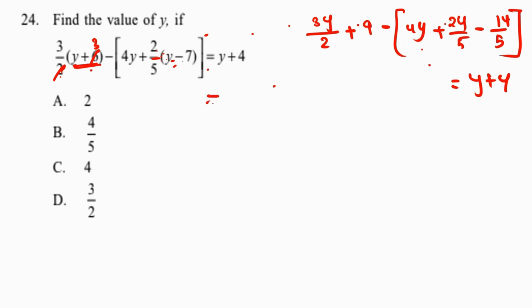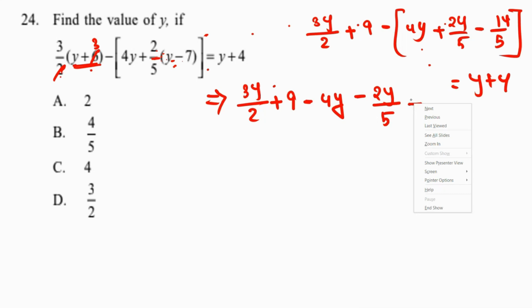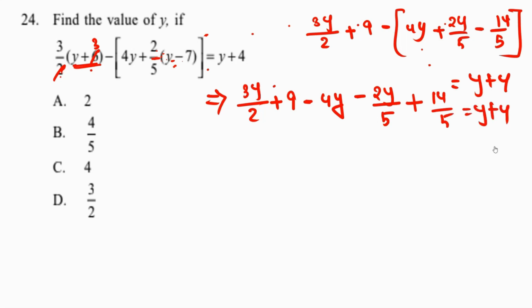Now, what do we have? 3y/2 plus 9, minus of the whole thing coming out: minus 4y, plus minus minus 2y/5 over here, and minus minus plus 14/5 over here, is equal to y plus 4.